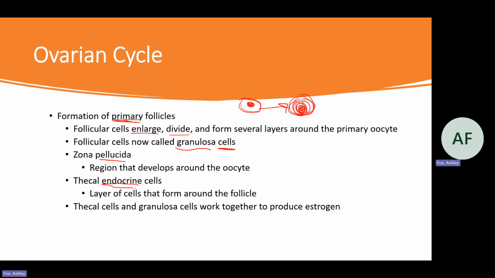As you can tell from the name, endocrine means it's going to produce hormones. These thecal cells around the follicle are going to produce estrogen. The formation of primary follicles is going to increase estrogen levels, because both the granulosa cells and the thecal endocrine cells make estrogen.